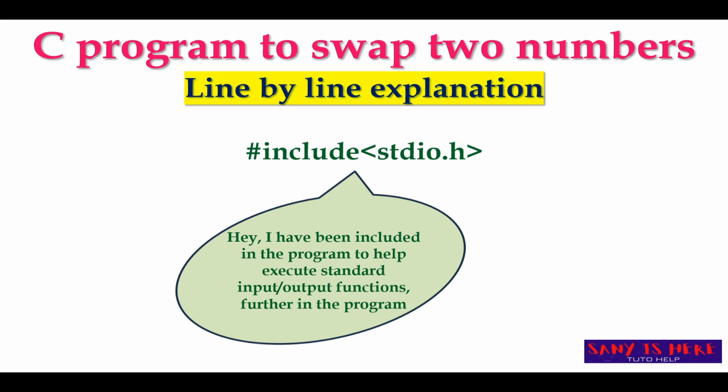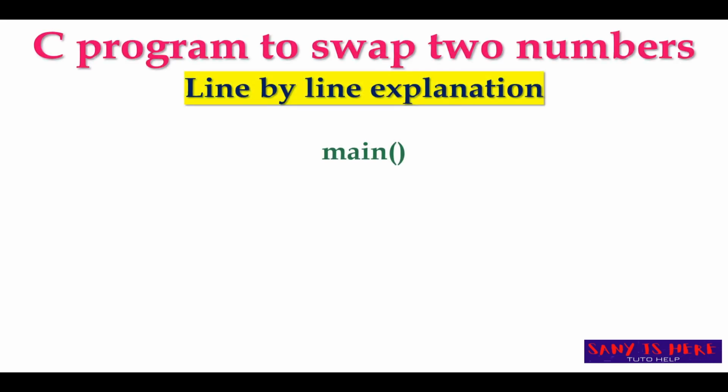They are executed with the help of this preprocessor directive, that is #include <stdio.h>. Okay, stdio means standard input output. That header file is included in the program. Okay, we'll move to the next line.